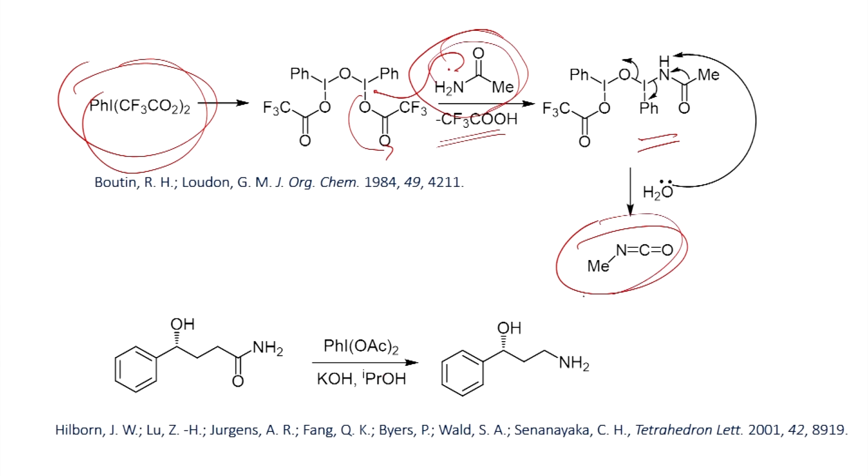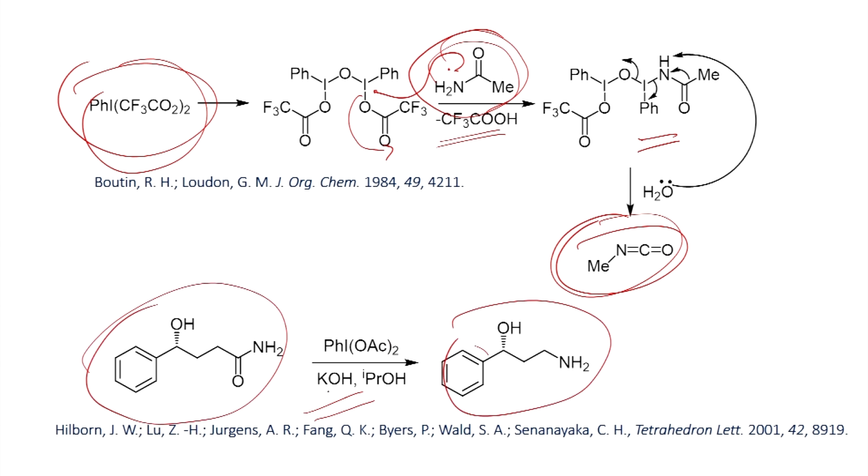This way you will be able to form the isocyanate. And here is another example. Iodobenzene diacetate has been used with this amide, which can be converted into amine. The combination of iodobenzene diacetate and potassium hydroxide has been used in isopropanol solvent to produce optically active amino alcohol as the product.